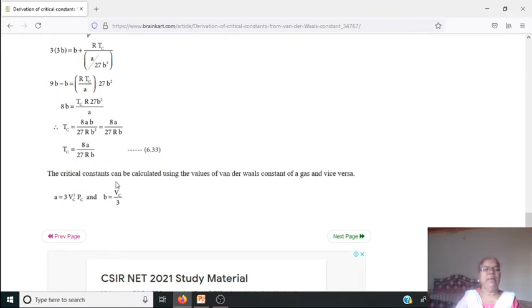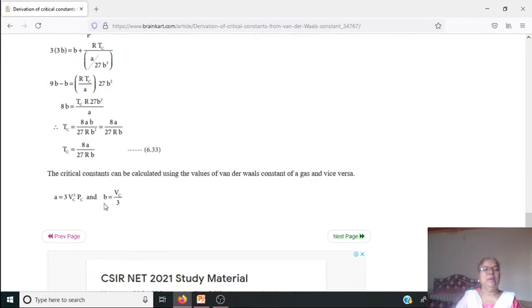The critical constants can be calculated using values of van der Waals constants of the gas and vice versa. And we can have A is equal to 3 Vc square into Pc, and B is equal to Vc by 3.